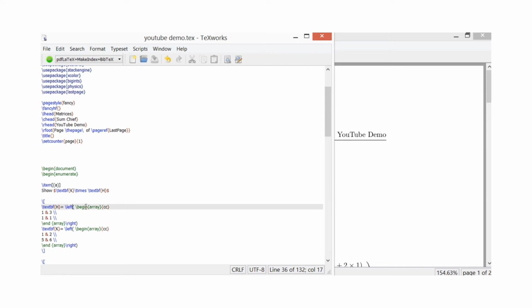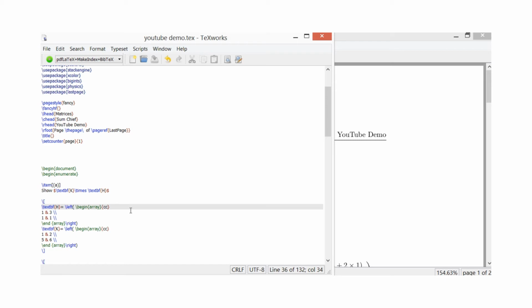So the left parenthesis means I can get a nice big bracket. Doing this way for doing matrices gives you a bit more room to work with. And then begin array, which means basically you're starting off your matrix. And now I've assigned in curly braces cc. So the cc means I'm going for a 2 by 2 matrix.